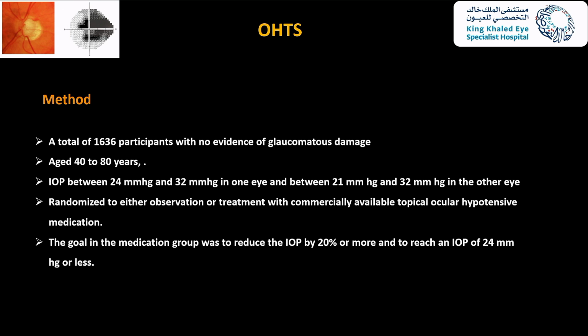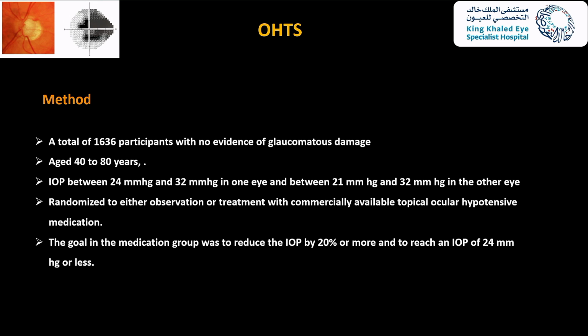Usually they randomized the patients to observation or to receive available topical hypotensive medication. The main goal for the medication group was to decrease the intraocular pressure by 20% or more, and to reach an IOP of 24 or less.